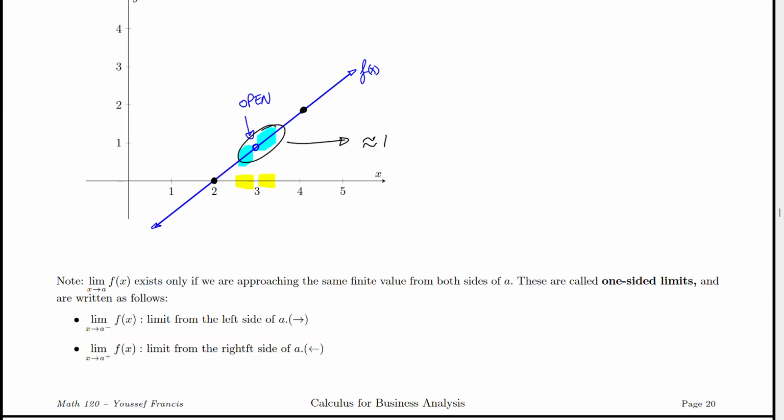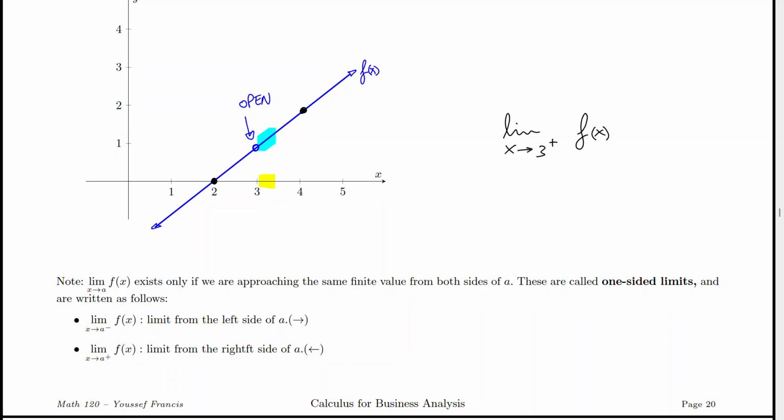Now, sometimes we want to focus on just coming towards 3 from one side, and that's what we call one-sided limits. So if I was to restrict you to come to 3 just from this location, so just come from the right to the left, that would be called a one-sided limit, and we would write something like this: limit as x approaches 3 with the little plus sign, and we would write f of x.